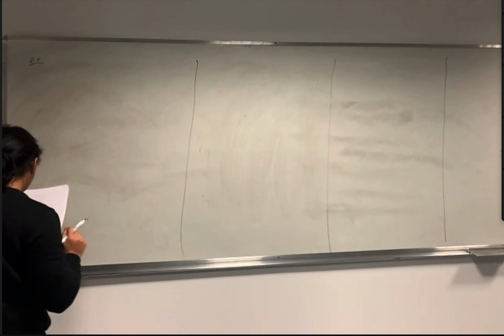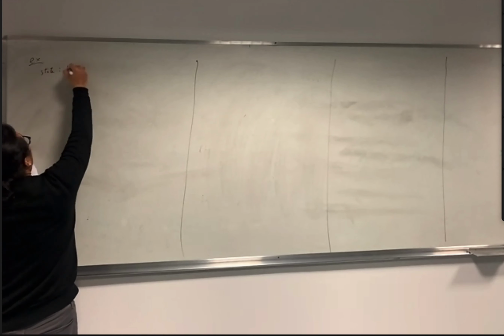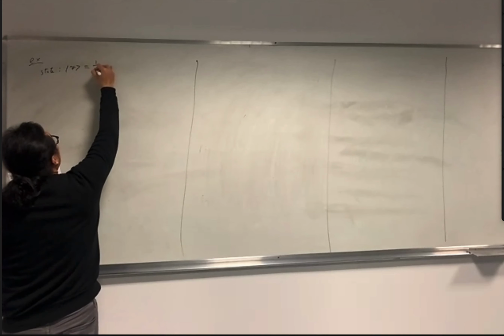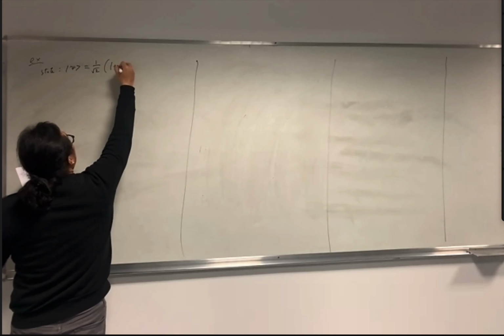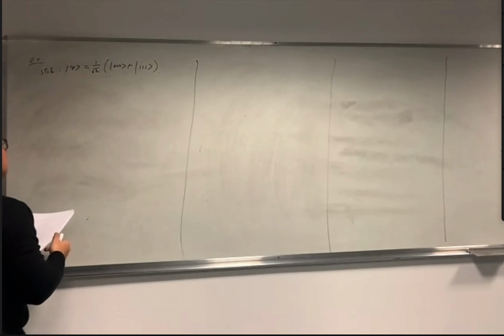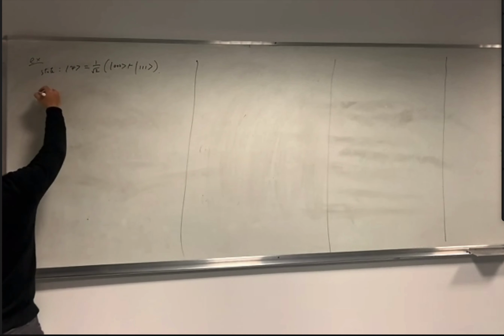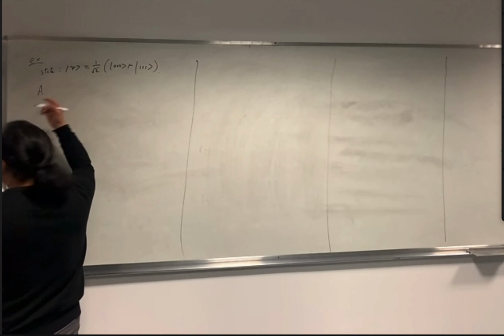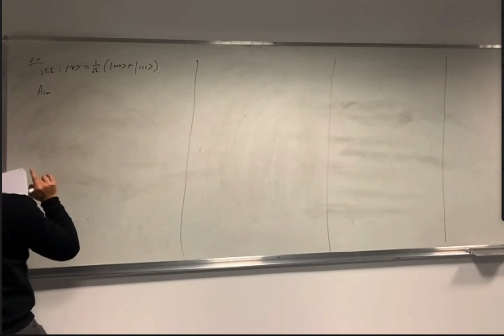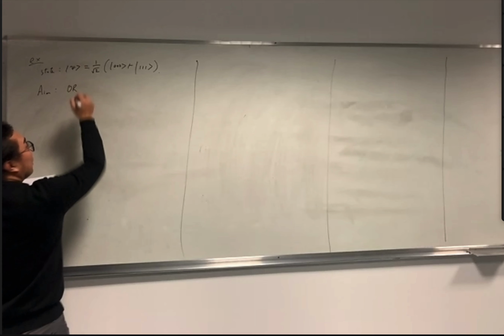So as an example, we pick our state to be this state, root 2 times 000 plus 111. There's a name for it, but I don't know how to pronounce it, so I didn't write it. The aim is to output the OR. What we want to do is execute the OR gate.